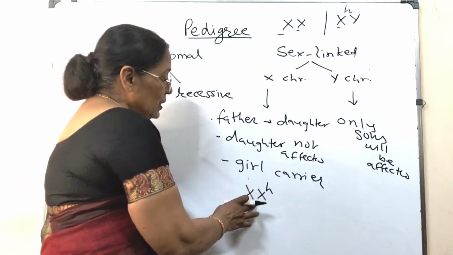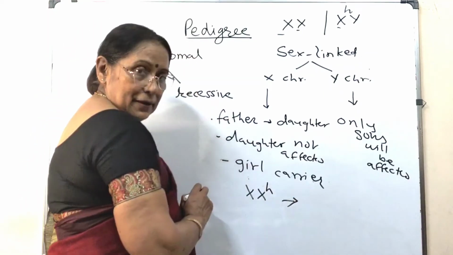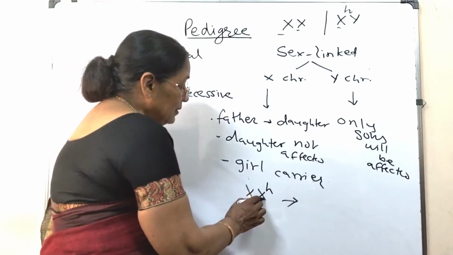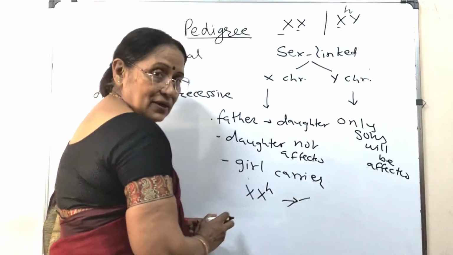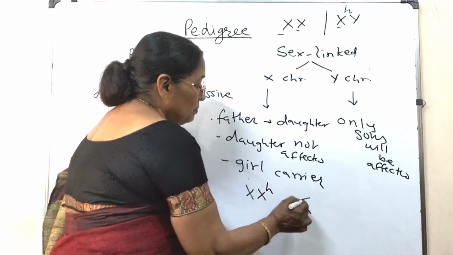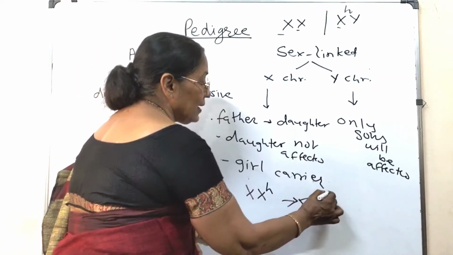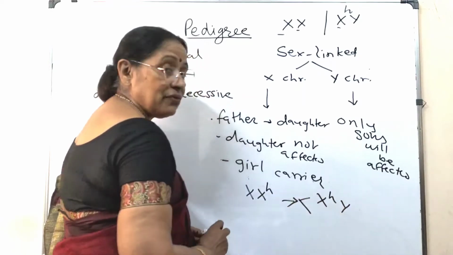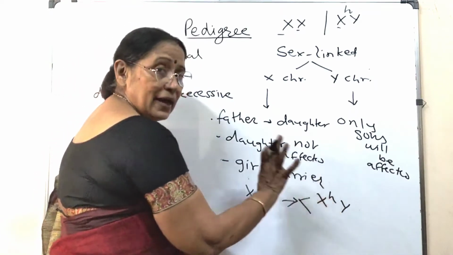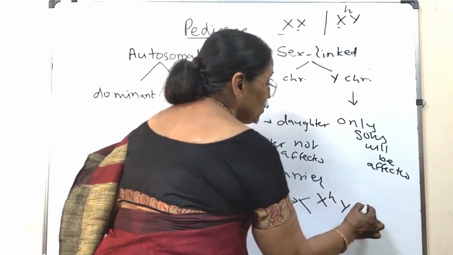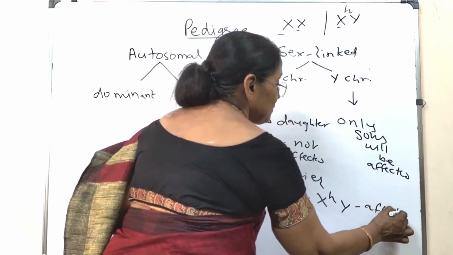So इसके जब बच्चे होंगे, she will take the case of son and daughter. तो लड़के के लिए if the son has inherited this H and Y, then the son will be affected. Then the son gets automatically affected.